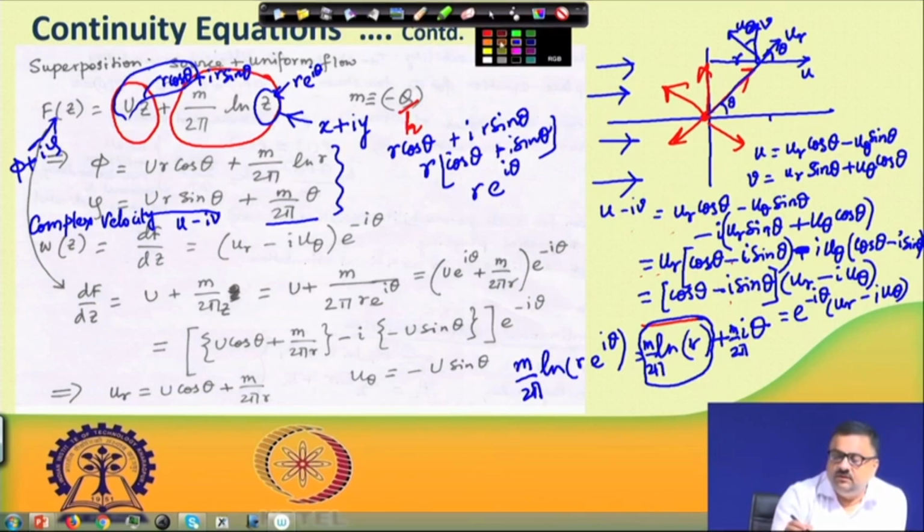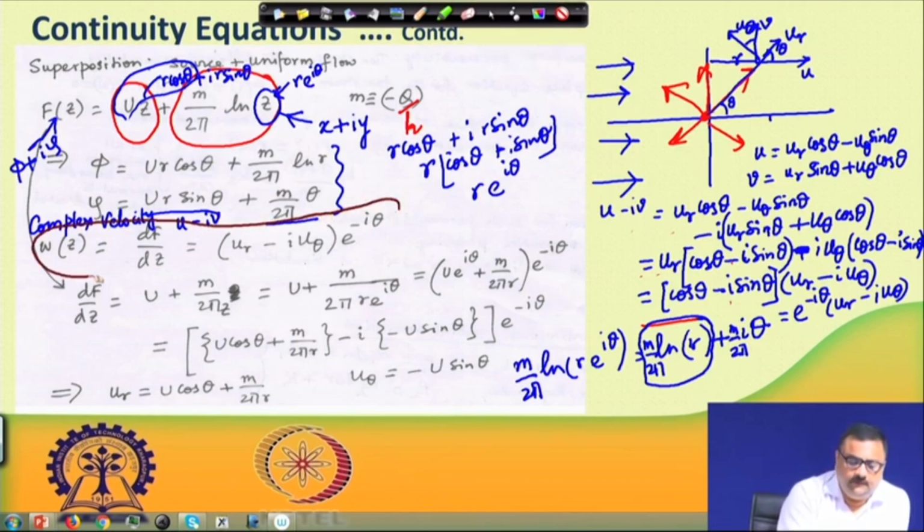This is one thing we have understood, that df dz is u r minus I u theta e to the power minus I theta.